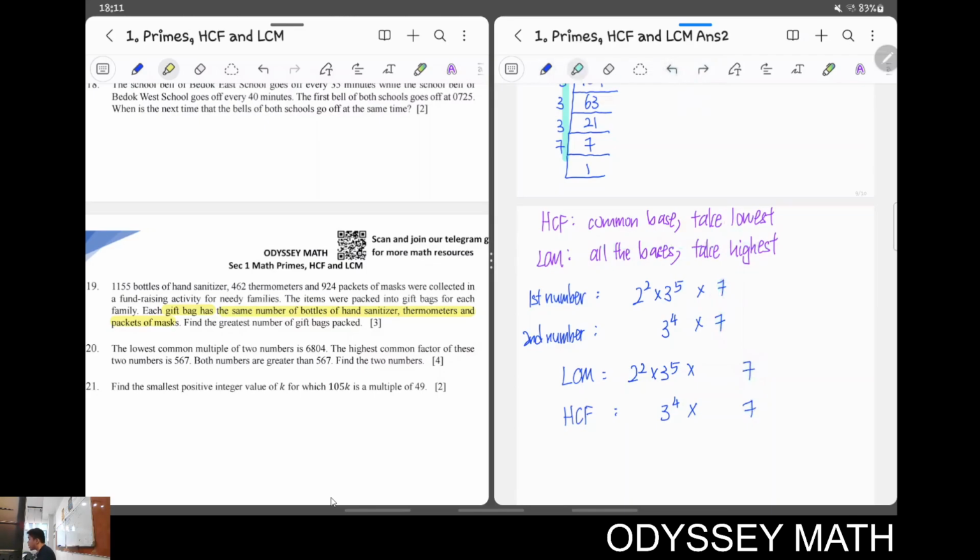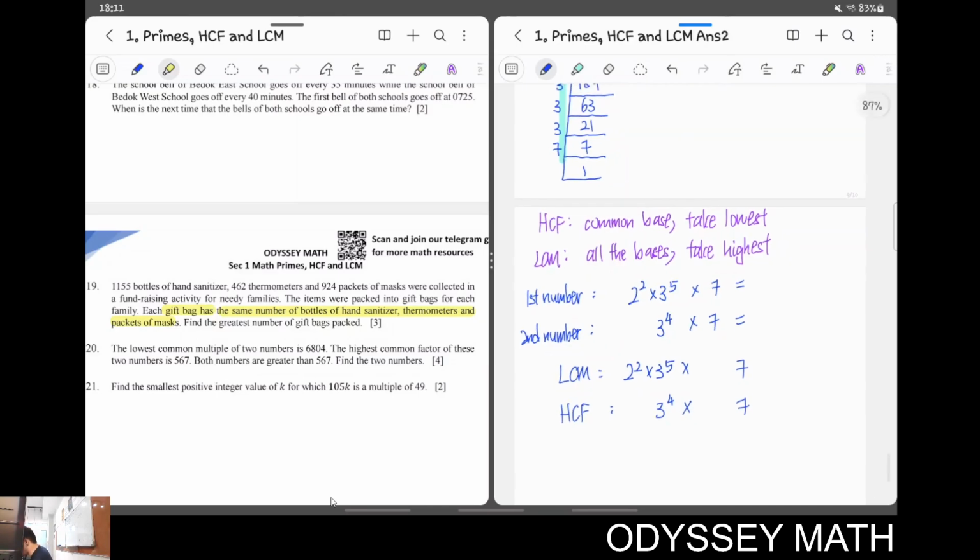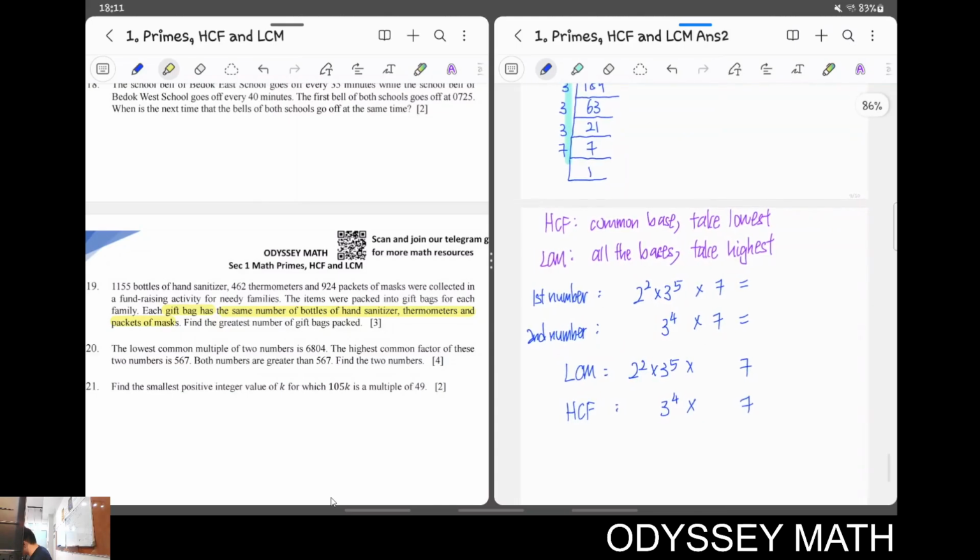So working backwards is hard, admittedly it's hard. Then what we're going to do here is to evaluate the first and the second number. The first number here is 6804, and the second number here is 567.